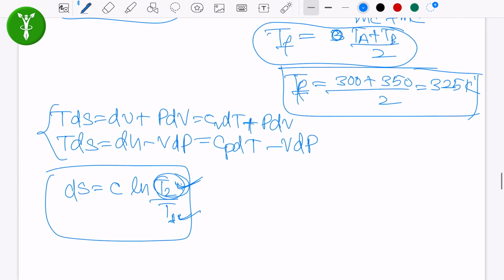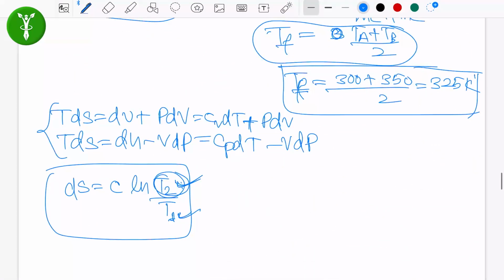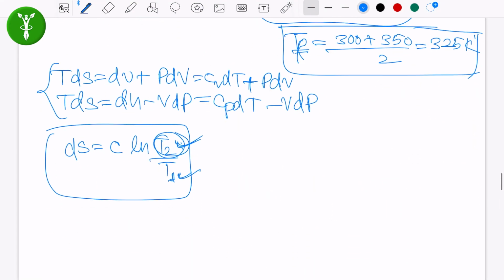So now I can calculate the entropy change of the system by using the formula for side A and side B. This is our main equation: delta S total equals delta S of system plus delta S of surrounding.